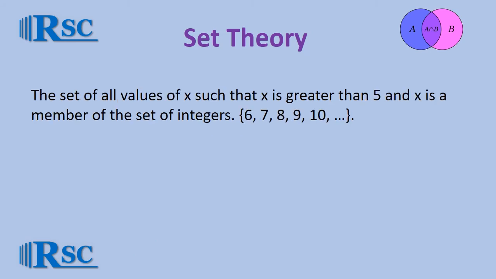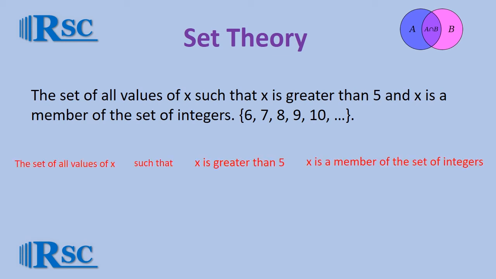So using set builder notation, we can describe elements like this: the set of all values of x, such that x is greater than 5, and x is a member of the set of integers.